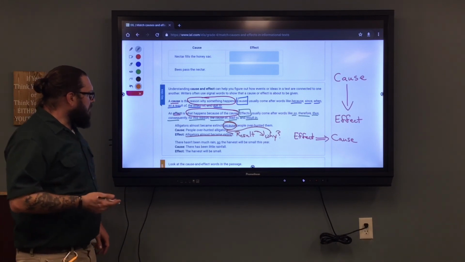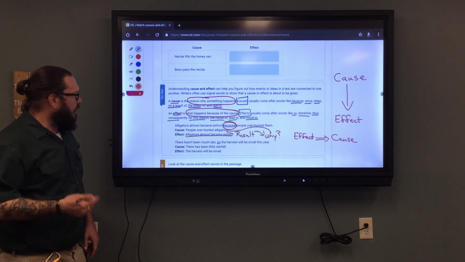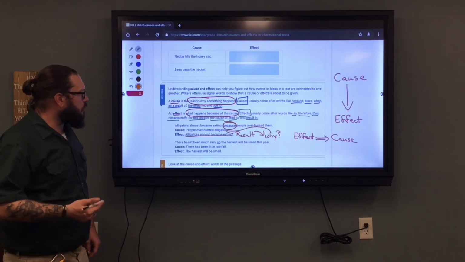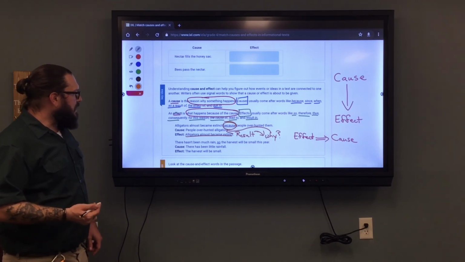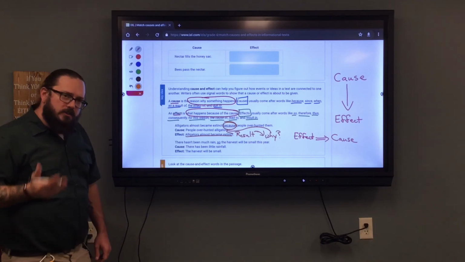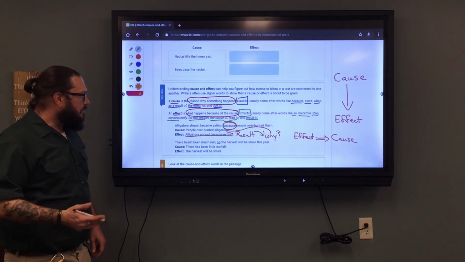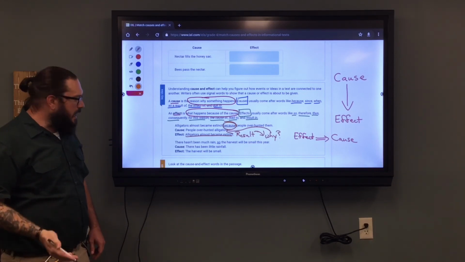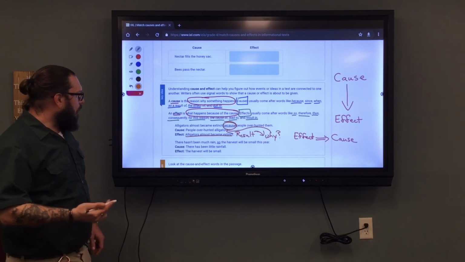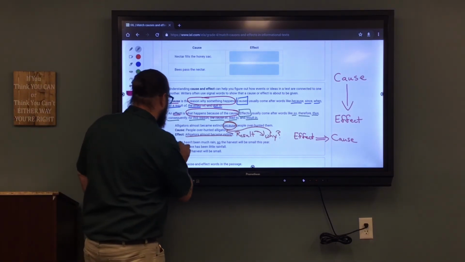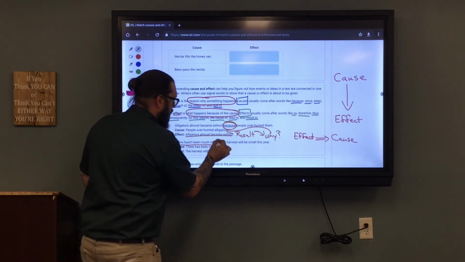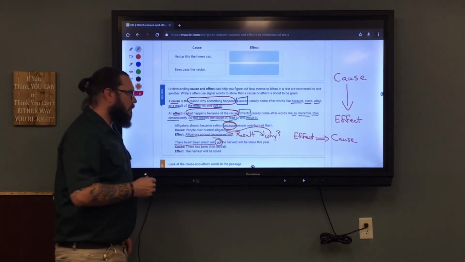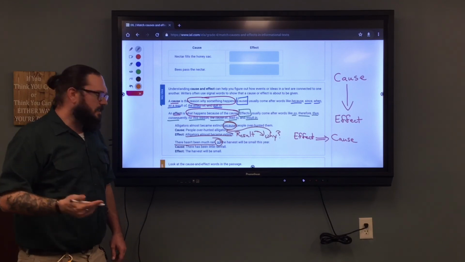In our next example, there hasn't been much rain, so the harvest will be small this year. In this case, we have the cause being presented first, followed by the effect. So the cause is there has been little rainfall. Our signal word is so, which tells us the effect is following.